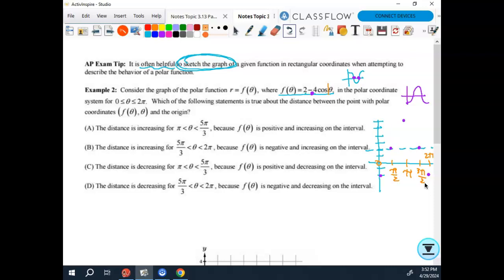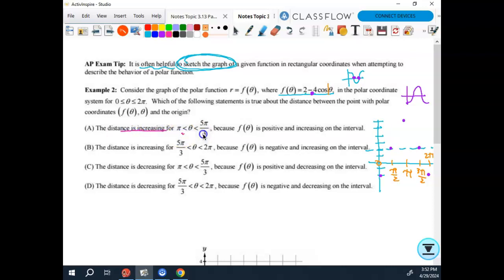It says, consider the graph of the polar function. Which of the following statements is true about the distance between the point with polar coordinates f of theta, theta, to the origin? Okay, so from pi to 5 pi thirds, the distance is increasing.